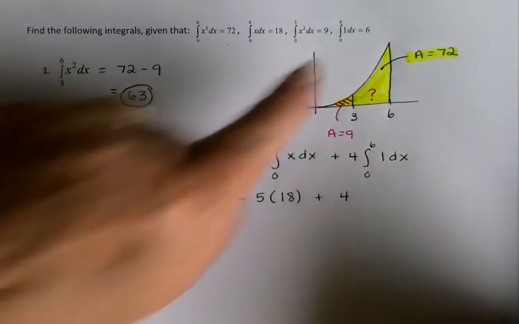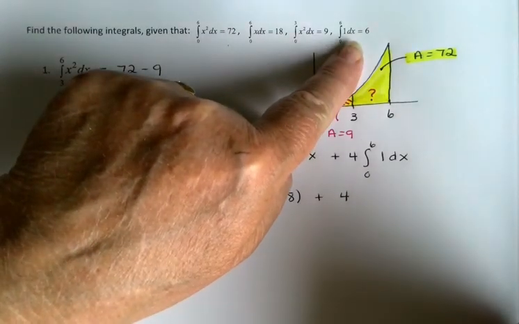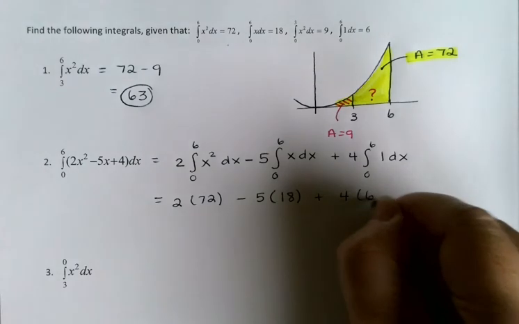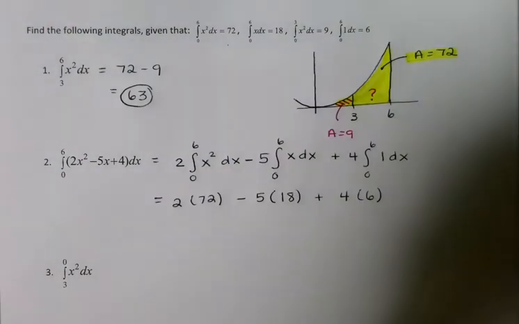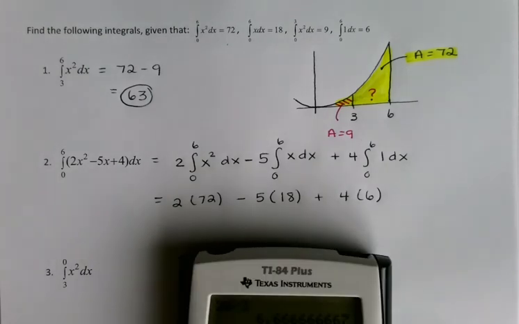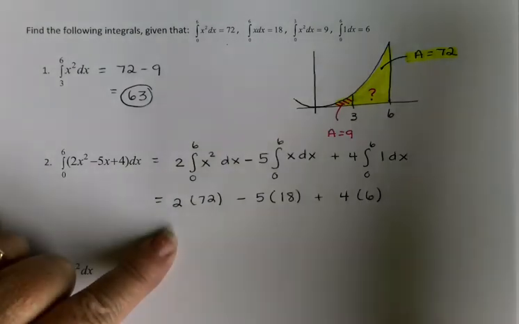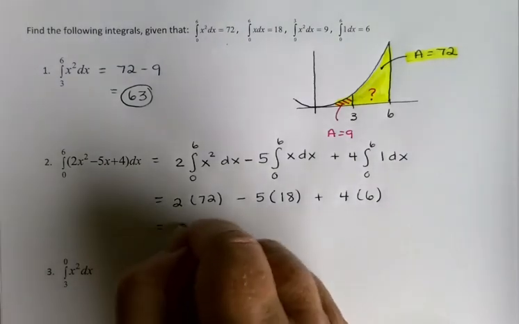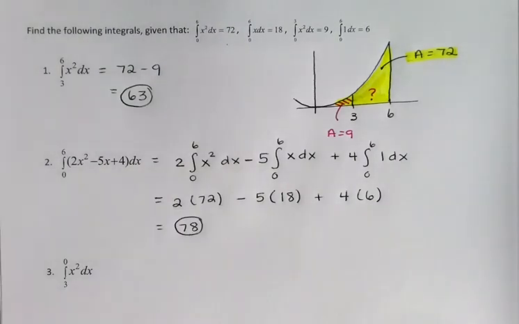Plus 4 times the integral of 1 from 0 to 6 is 6. So if I just go ahead and run that on my calculator, I get 78 for the final value of that whole integral.